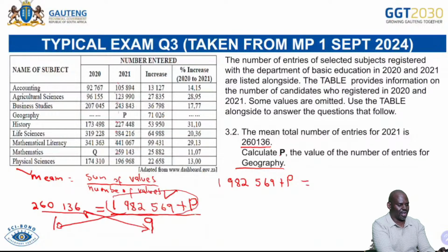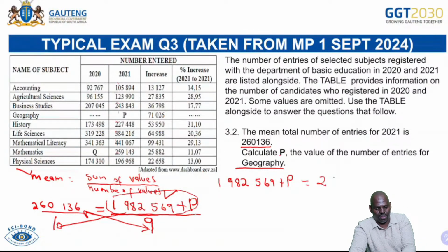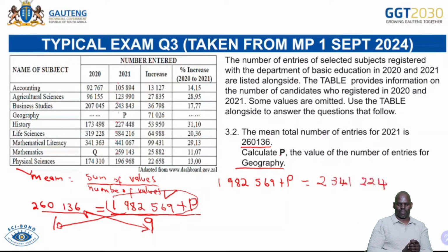It's equal to, now let's see, I take 260,136, and then I multiply it by 9, and I get 2,341,224.